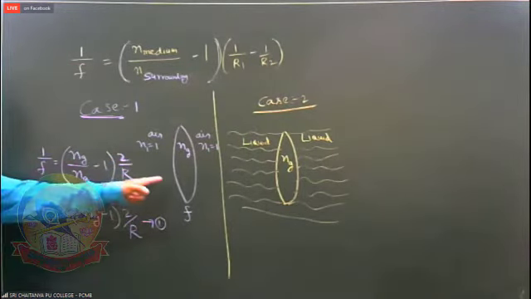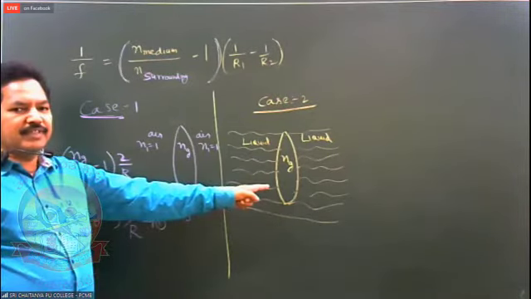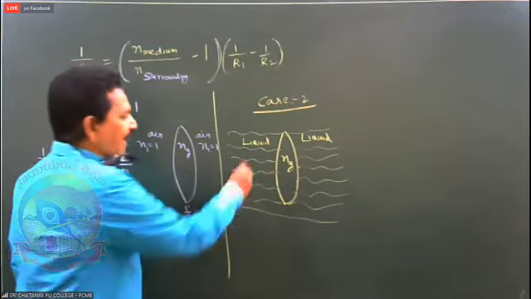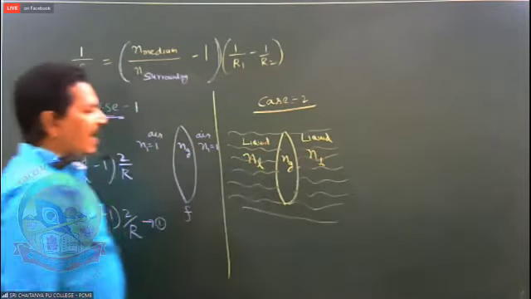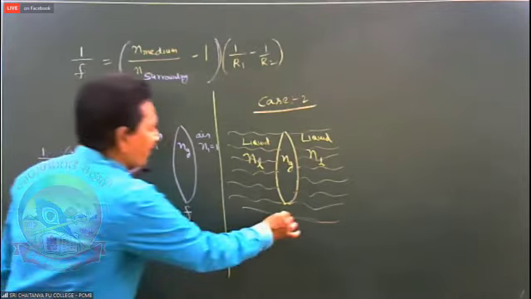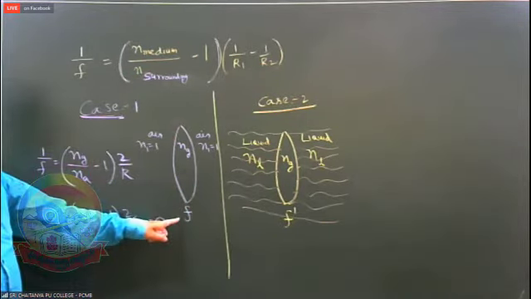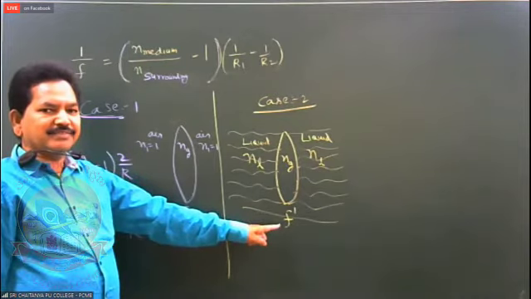The same convex lens is dipped inside a liquid. Refractive index of glass, Ng. Refractive index of liquid, NL. Imagine on either side of the lens, liquid is present. Now we want to find out the focal length, F dash. F is the focal length in air. F dash is the focal length of the same lens in a liquid.